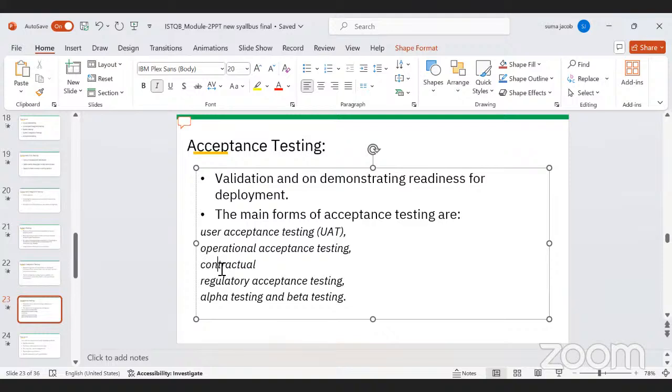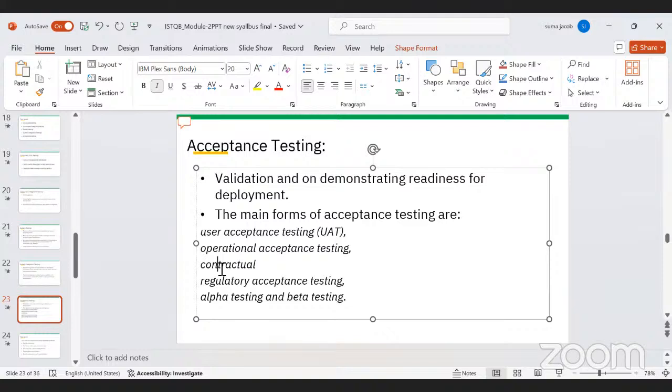So there would be acceptance criteria mentioned in the contract, and testing performed against those acceptance criteria is called contractual acceptance testing. This could be done by individual users, independent testers, or sometimes, depending upon the criteria, other field testers.